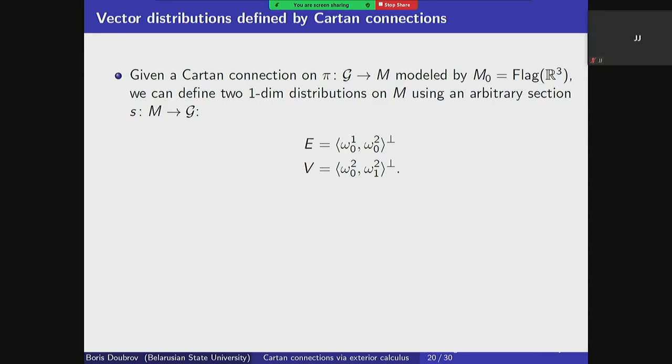We take a section and pull down the connection form on R3, or on a three-dimensional manifold. So we have ω^1_0, ω^2_0, and ω^2_1. These are the most important forms for the moment, which lie in the complement to g_0. And we remember why these forms are important: under gauge transformations, they transform linearly.